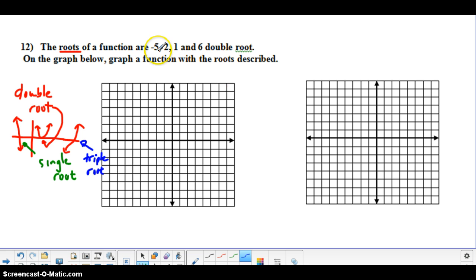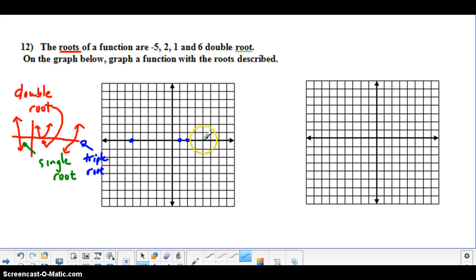So if it says on the graph below to graph a function with the roots described, we could have two different kinds based on our end behavior, but either way both should have a point at these values. So -5, 0, and then 2, 0, and then 1, 0, and then 6, 0.